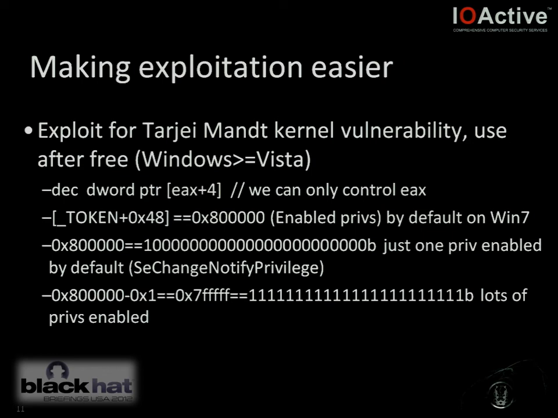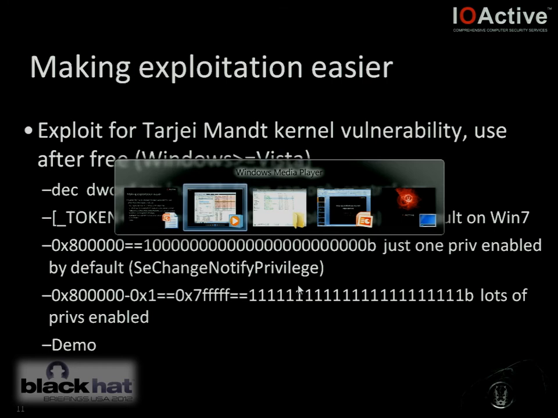So you can see here that a really difficult-to-exploit vulnerability becomes really simple. Just find our primary token from the exploit process, go to the offset of the token where the enabled privileges are, and get that value decremented, and instantly you get a lot of privileges enabled. Pretty easy. We can see the exploit in action.